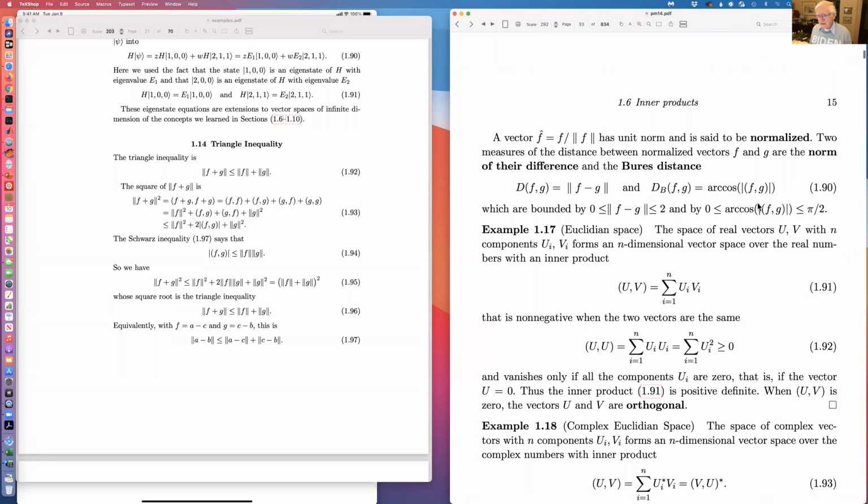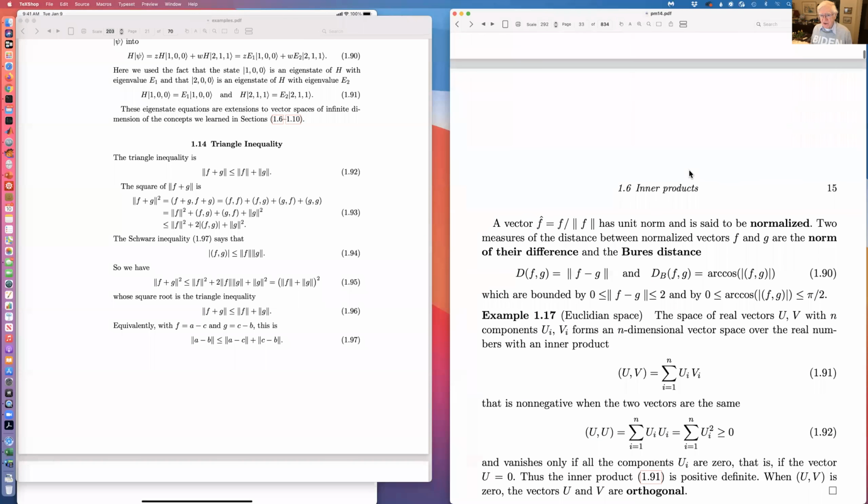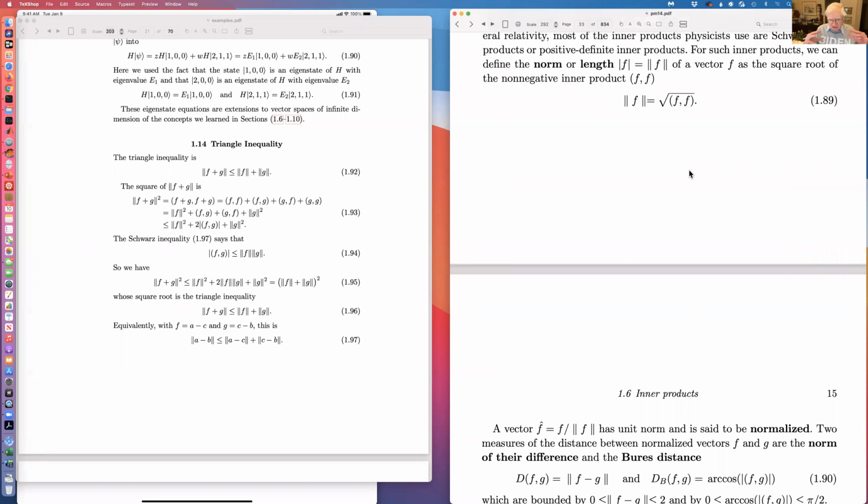The reason why this distance occurs is that the inner product of two vectors, when you divide by the product of the norms of the two vectors, is effectively a cosine. It's a complex cosine, but if you take the absolute value, then it's obviously a real cosine. And so that's one way of thinking of an angle between vectors.